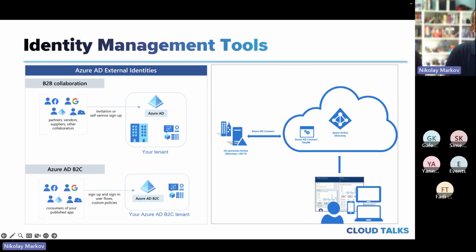Even though we discussed multiple times that this is not the best approach to adopting the cloud, it's still a good step: get your hands dirty, play with it, spin up some dev test environments. For example, services like Azure AD Connect are crucial to help you get there.